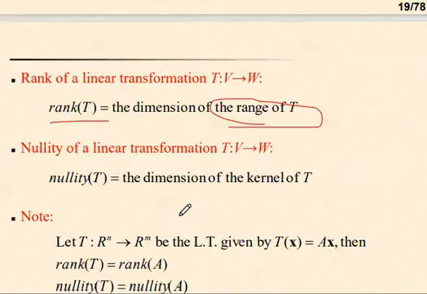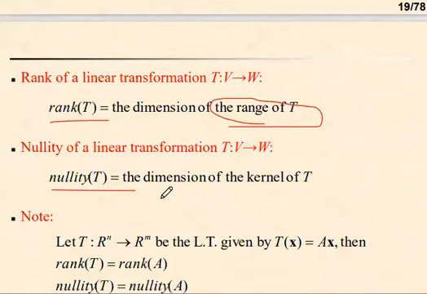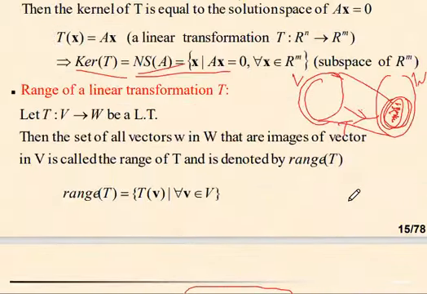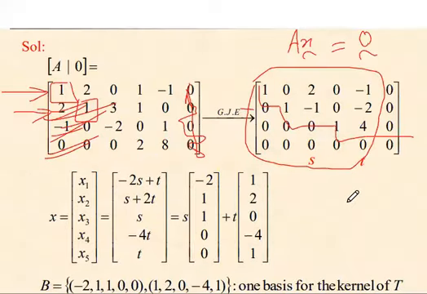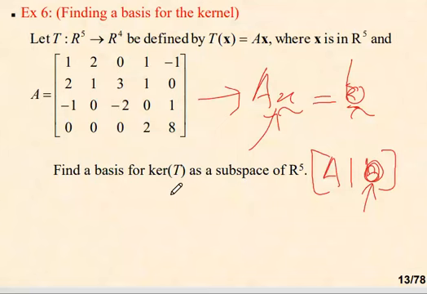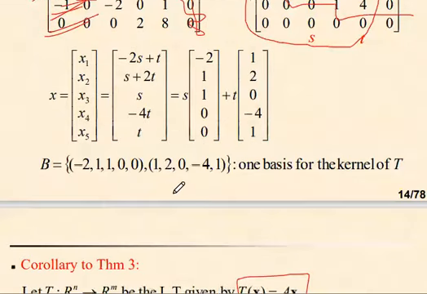And nullity of T means the dimension of the kernel of T. Look at this. I think you remember you express this transformation in matrix form. So the solution set of the homogeneous system AX equals 0 would be your kernel of T. You can find that.